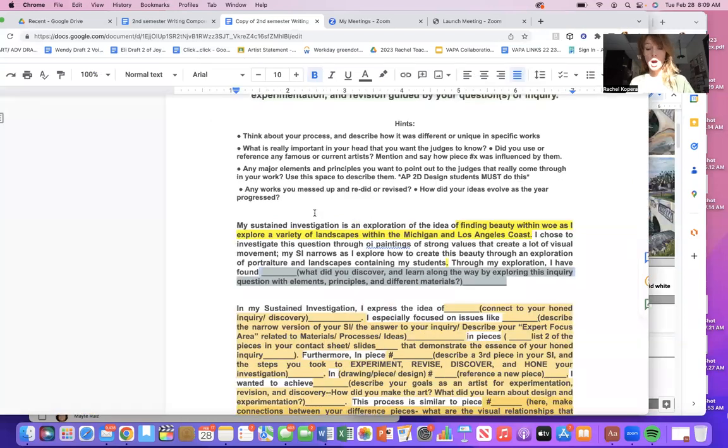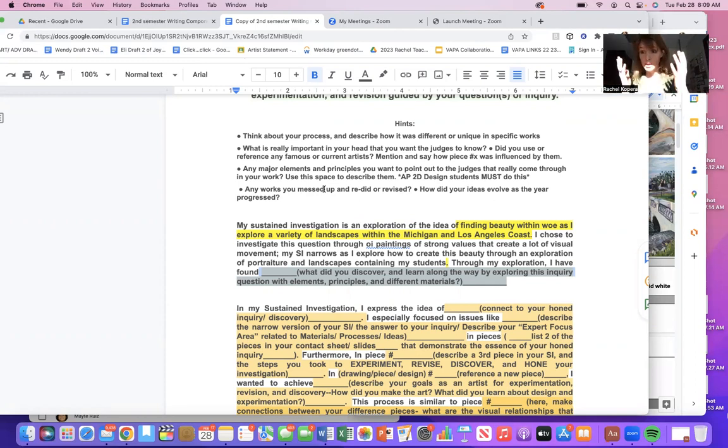Think about your process and describe how it was different or unique in specific ways. You can highlight on your packet as you do this. What was different about your process? What is really important in your head that you want the judges to know? What did the judges need to understand about your SI? And remember, you want your SI to stand out.